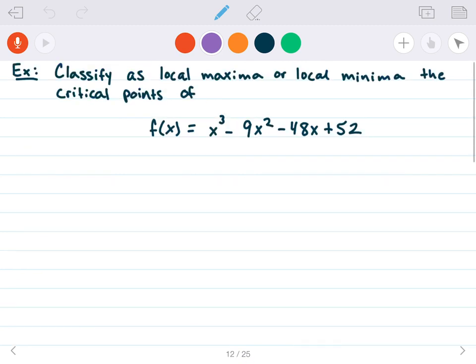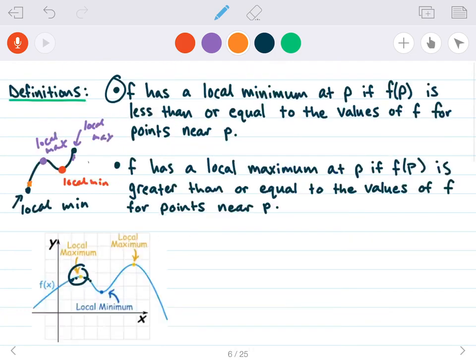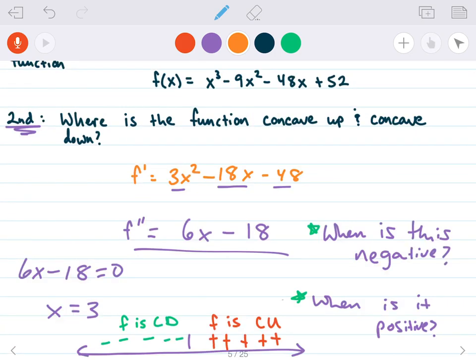All right, so let's go ahead and use the second derivative test here to confirm that our critical points are local maxes or local mins. So first thing, we already looked at this example, but let's do it again. Let's take the first derivative. And what did we get before when we set it equal to 0? Let's see.